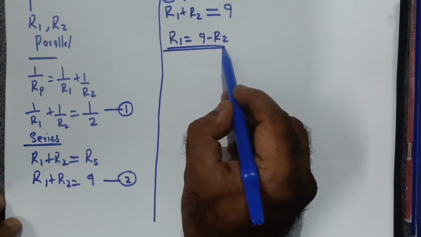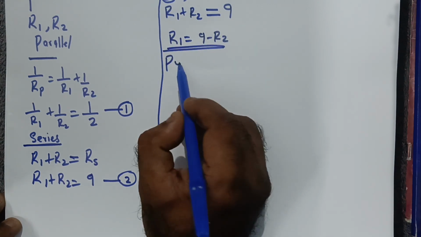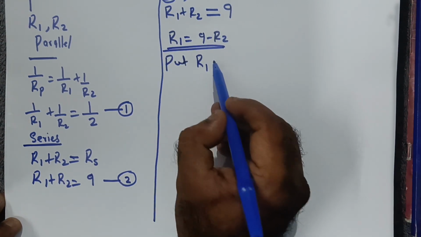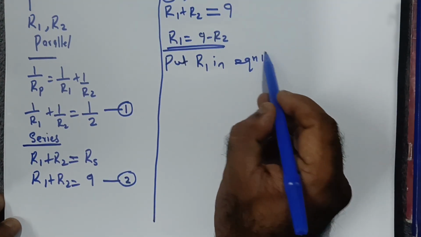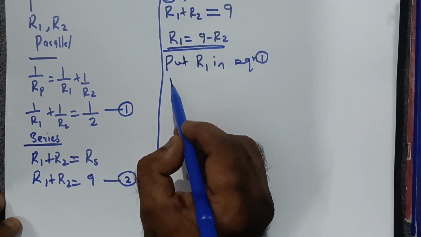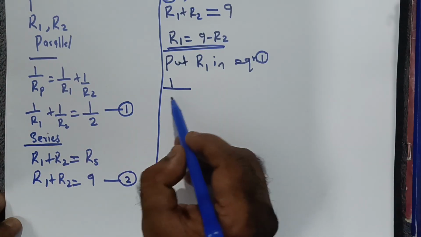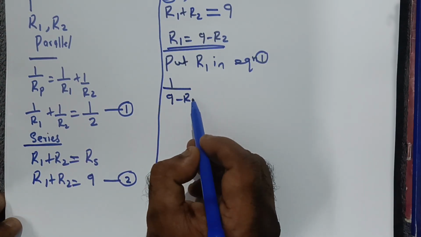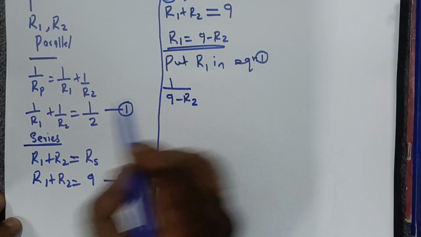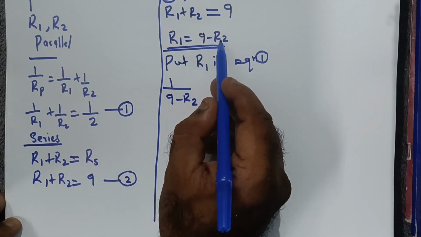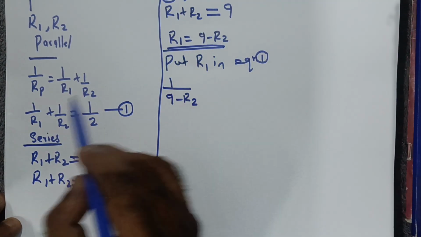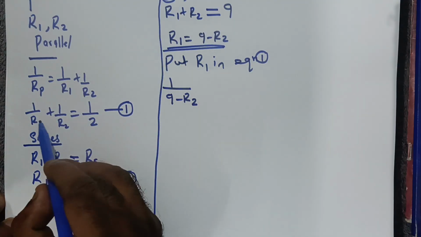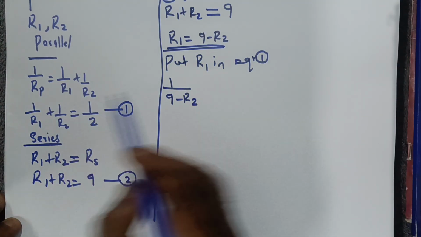Now we can apply the value of R1 in equation 1. Instead of R1, we can put 9 minus R2. So we put 9 minus R2 in place of R1 in this equation 1.